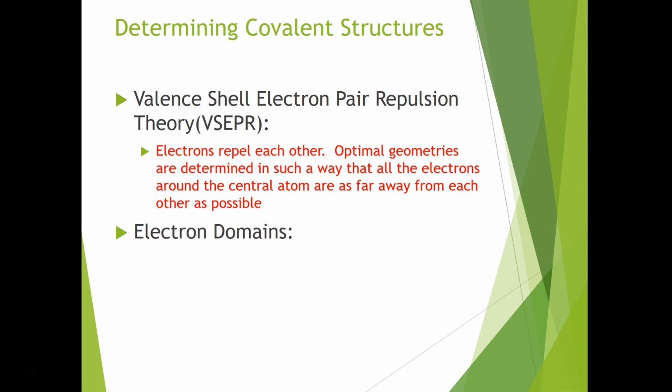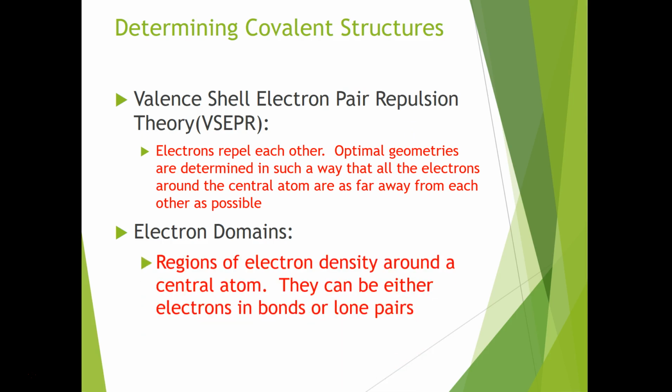All right, so before we can talk about molecular geometry, we have to talk about electron domains. Electron domains are just regions of electron density around a central atom. An electron domain can be either a bond or a lone pair of electrons, where one bond would count as one electron domain and one lone pair would count as one electron domain.